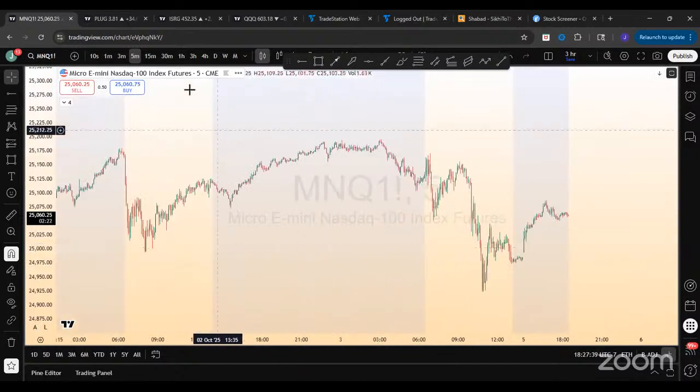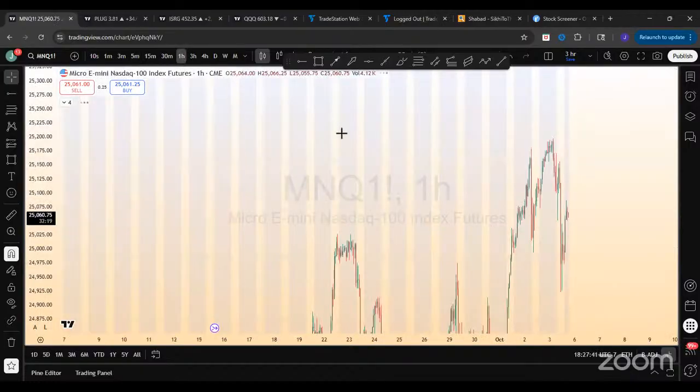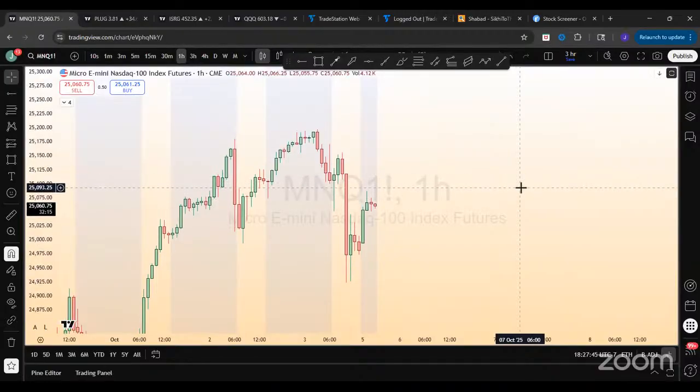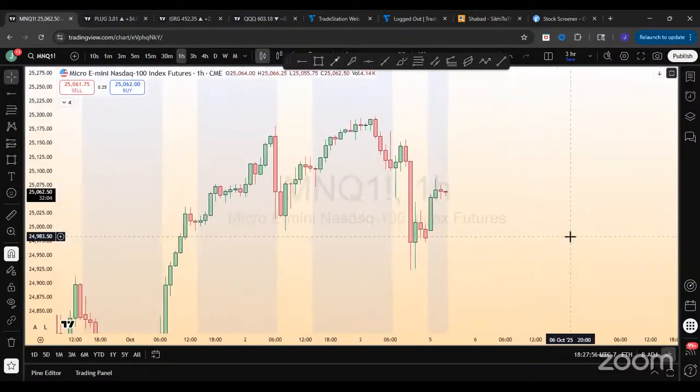I make sure that 10, 15 minutes shows a trend, whether bullish or bearish, and then jump into the lower time frame. In the lower time frame I'm looking at just VWAP or EMA cross, those kinds of things. Is that a good setup? Again, for day trade it becomes very, very tricky.